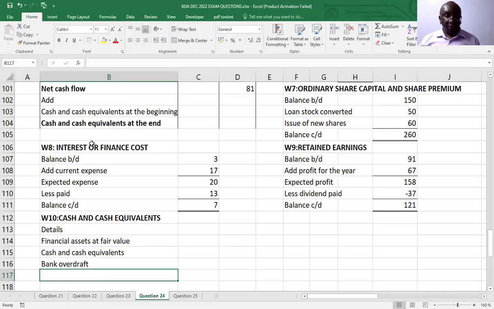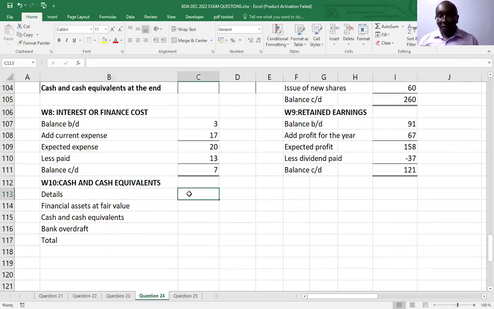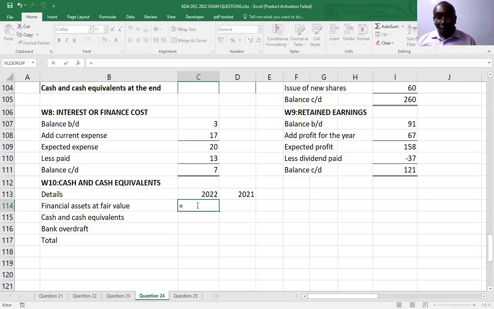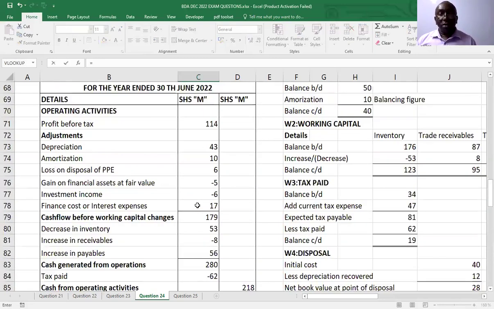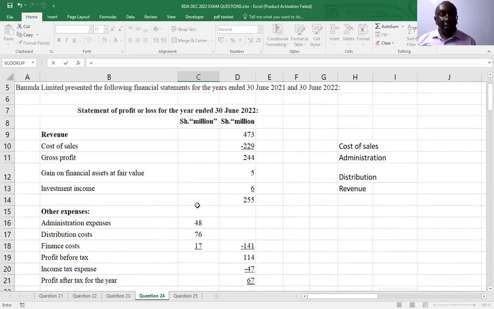So we will have the total. So we will have the values for the year 2022 and the year 2021. So 2022, and remember there was a gain, there was a revaluation.